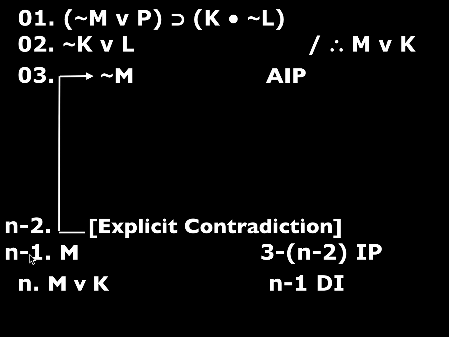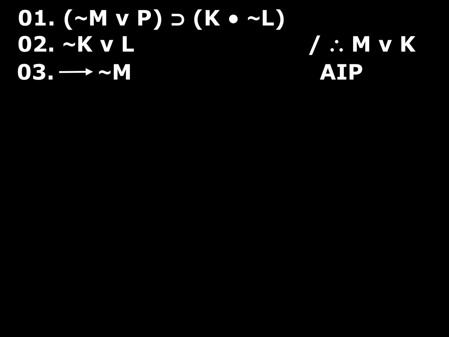That's the last line, that's the second to last line is M. The third to last line is going to be me closing a subproof off with some explicit contradiction. Line 3 is going to be this. The only thing that's left that I don't know, that hasn't been established by my strategy, is just these middle steps. And that's actually a lot easier, as we'll see. So I'm going to go ahead and do that.